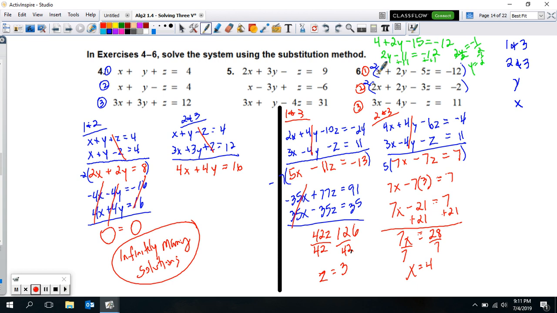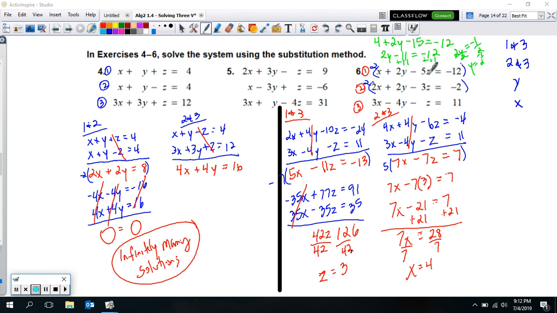And so I'm plugging 2 in here for x, and let's see, no. What did I do here? Perhaps I did this incorrectly. Hold on. No, it's correct. I didn't do it incorrectly. I was just looking at the 2 here, thinking I was plugging 2 in for x. No, not this time. X is 4. We found it down here. So replace the x with a 4.